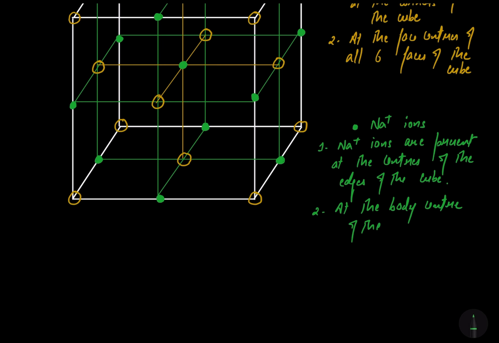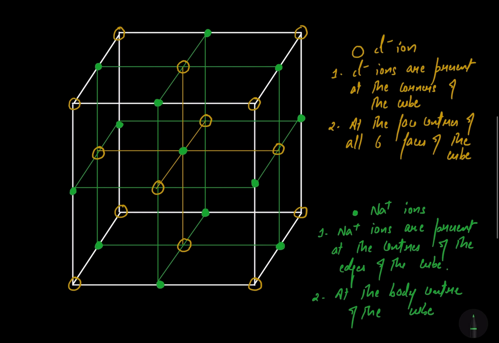So this is the simplest and the smallest arrangement of Na positive ions and the Cl negative ions in 3 dimensions. Here you can imagine that the sodium and chloride ions are present at alternate positions in 3 dimensions.